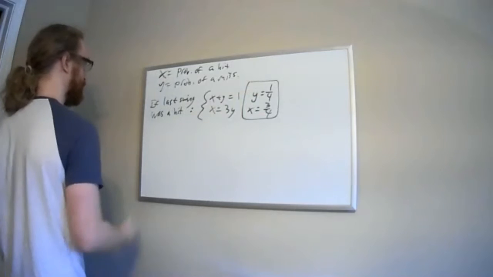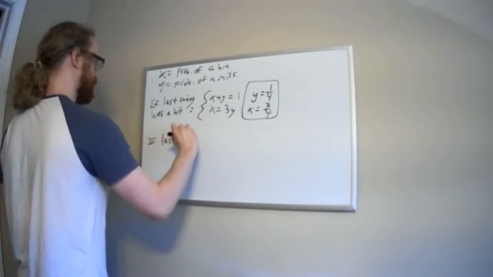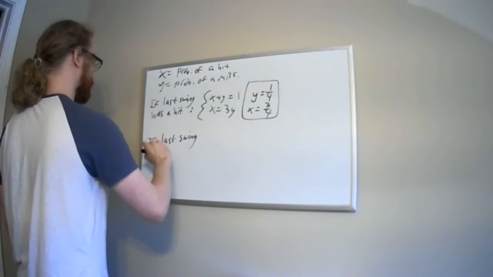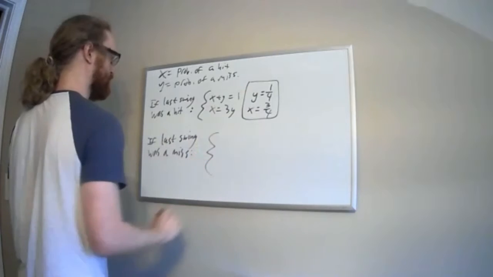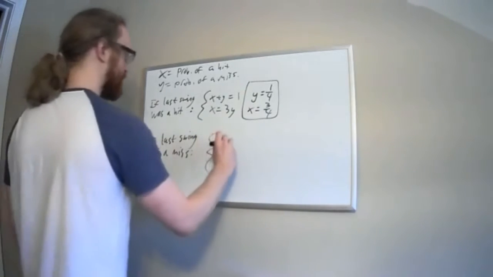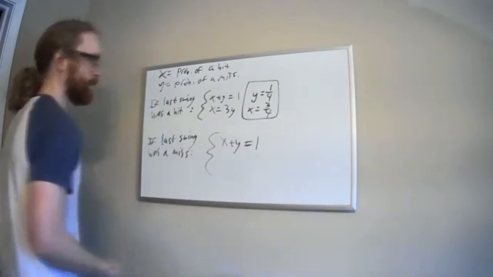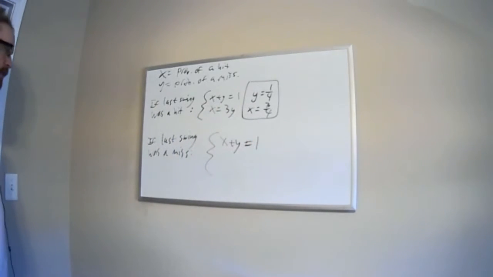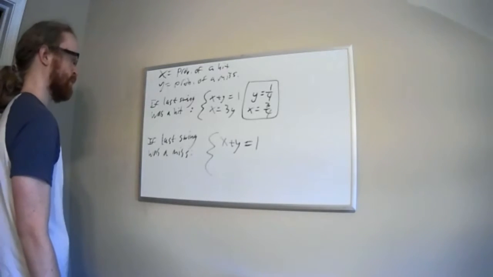Now, the other situation is if the last swing was a miss. Then what does my system of equations look like? Again, I still know x plus y equals 1 because they're probabilities, so they have to add up to 1. But now I know that instead, he's 3 times as likely to miss as he is to hit in this situation, is what we were told.